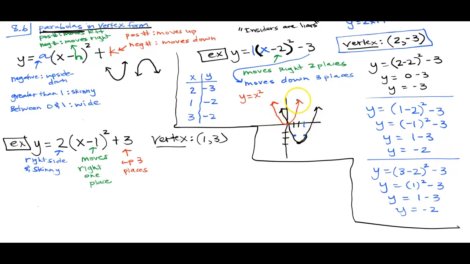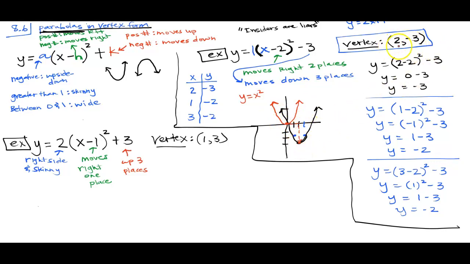From here, we said it's moving right 2 places, so if we went right 2 places, we'd be there, and then down 3 places. That takes us right here to that new vertex. So that whole thing is moving right 2 places and down 3 places.